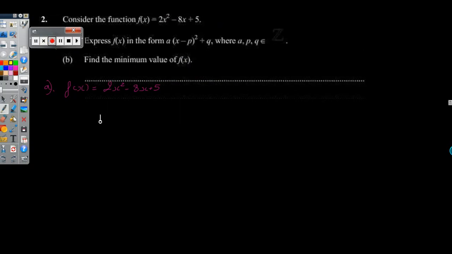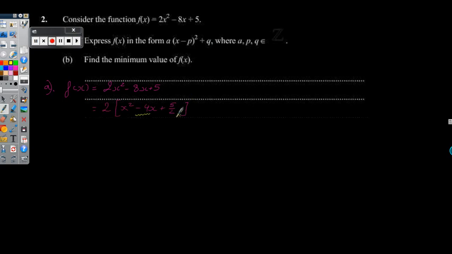Okay, let's look at the second question. So I've written out the expression here, and we've got to first express it in the completed square version here. First step, factorize out 2 so that the x squared term is multiplied by 1. Next thing we can observe here, it's worth writing that out.